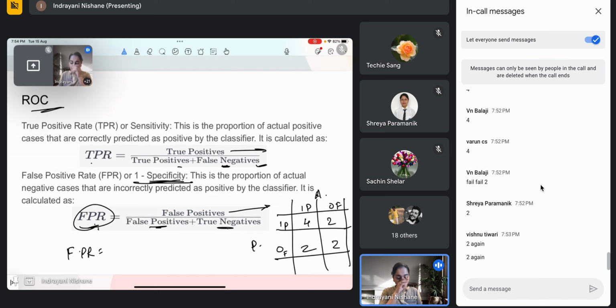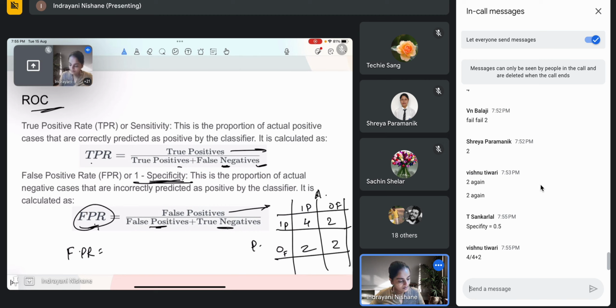So let us calculate the FPR. FPR is false positives divided by false positives plus true negatives, right? True negatives is 2, and false positive is negatives which are classified as positives, so 2.